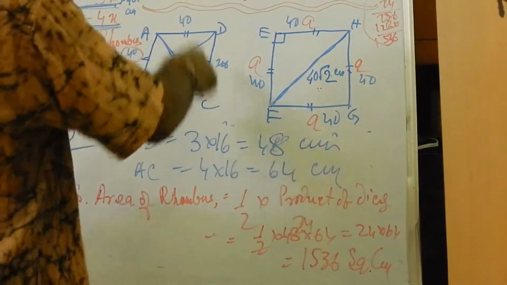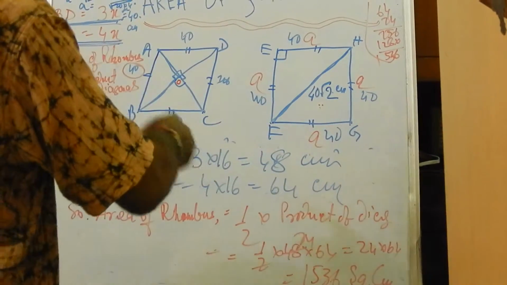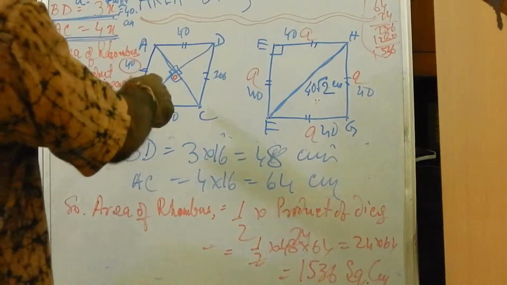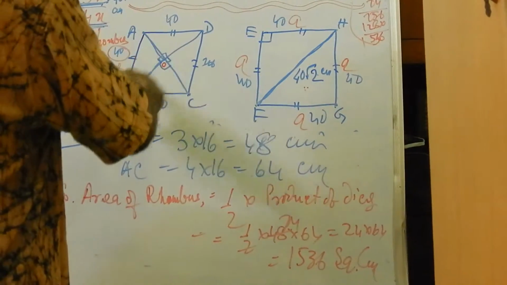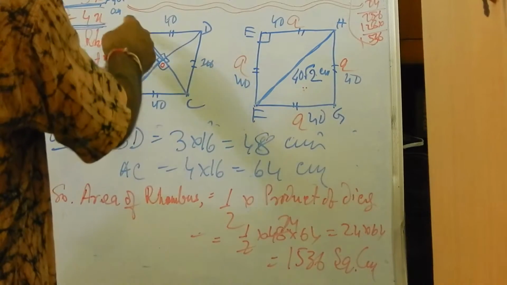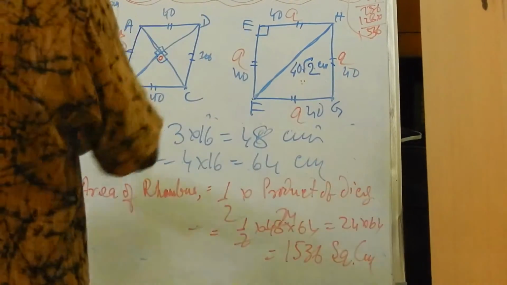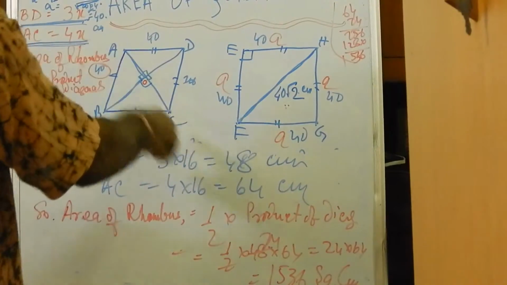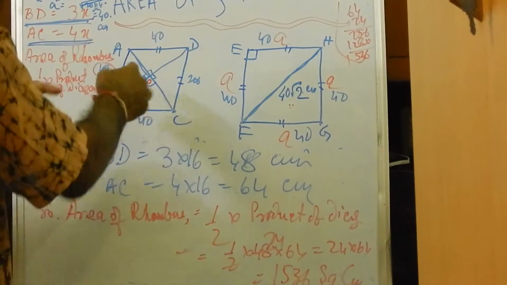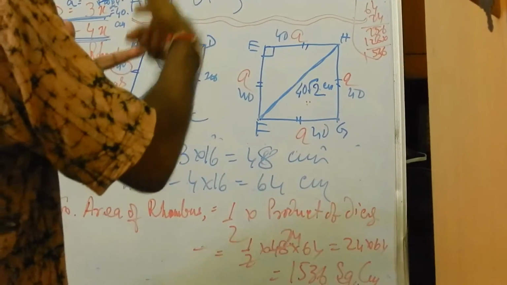The length of the rhombus sides was 40, 40, 40, 40, and these diagonals bisect each other at O. We took any one triangle, you can take any one. Here we took ABO, and the BD was 3x, so BO was 3x by 2, and AC was 4x, so AO was 4x by 2, that means 2x, because they bisect each other at right angle.